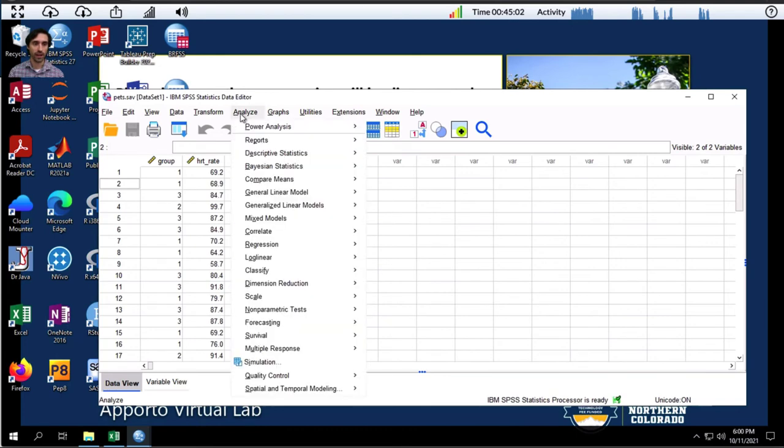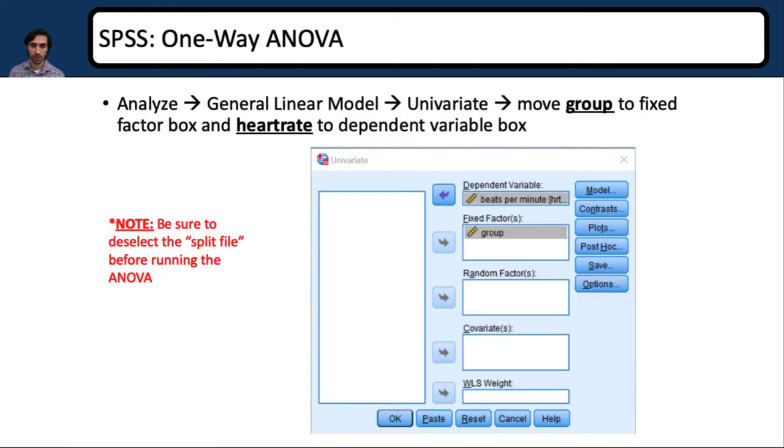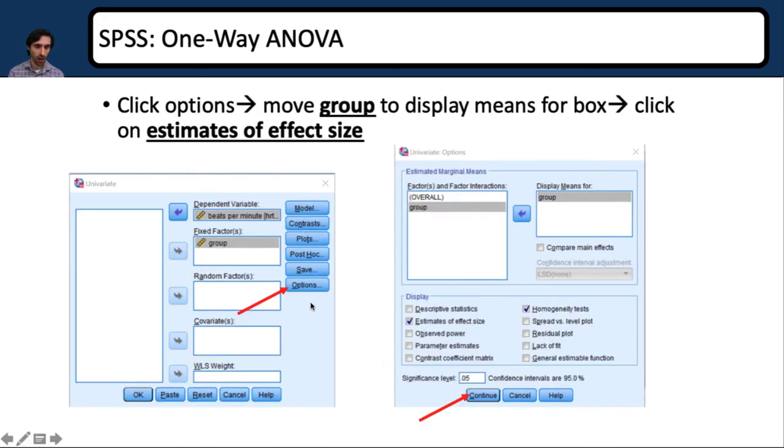All right, we're going to find the F-stat. We first go to Analyze, General Linear Model, Univariate. We are going to put the group into fixed factors and the beats per minute in the dependent variable. And because I got in trouble last time for jumping the ship too early, let's go back and make sure that we're doing this right. So we have the group, and then we're going to go to options and bring the display means for the group.